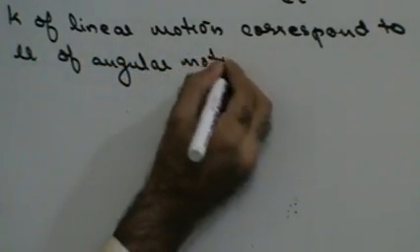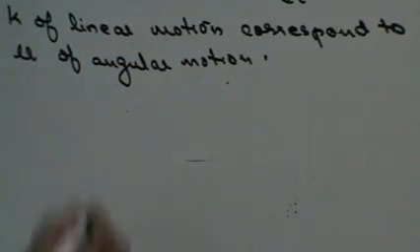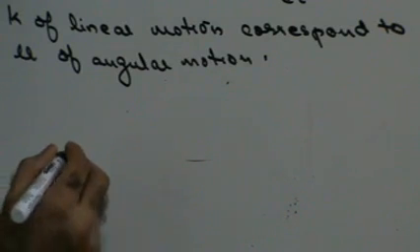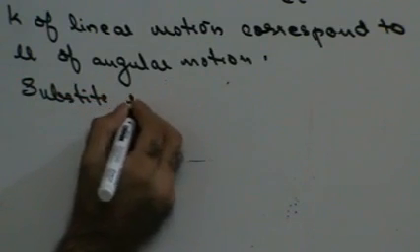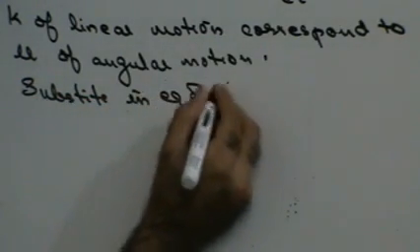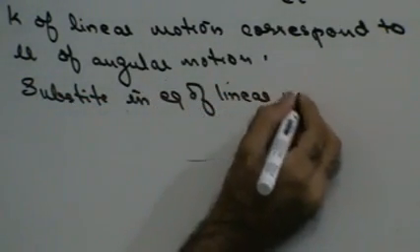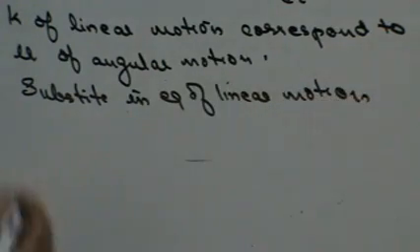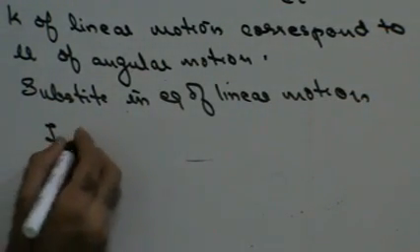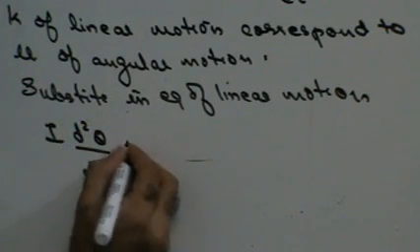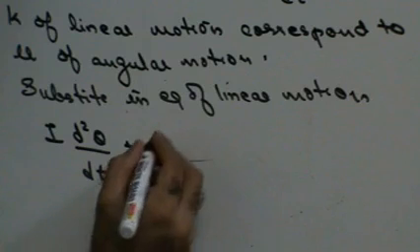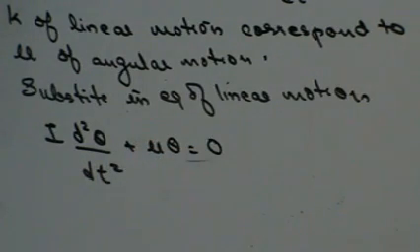If I substitute these values in the equation of linear motion, I will get I d square theta by dt square plus mu theta is equal to 0.